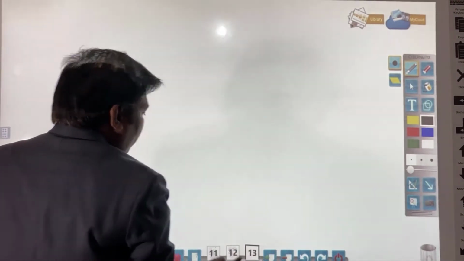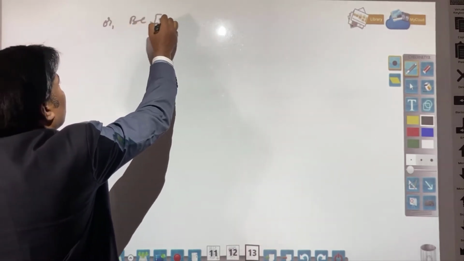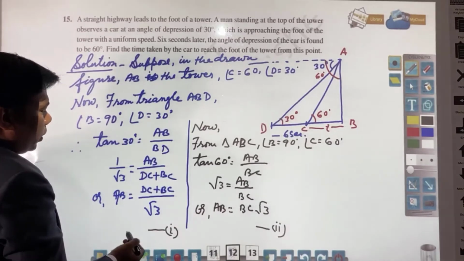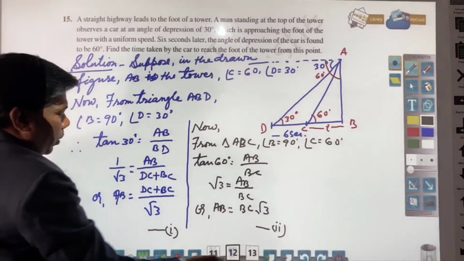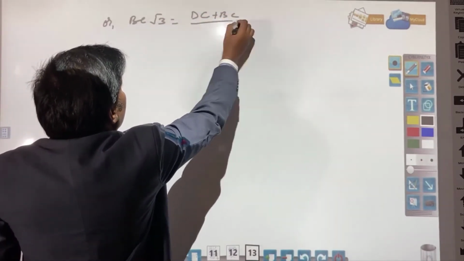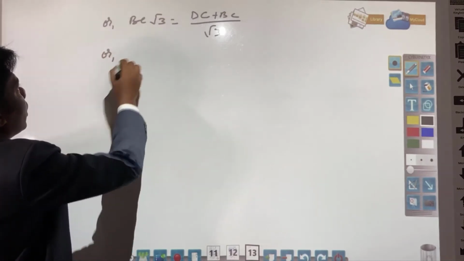So we will write BC root 3 is equal to DC plus BC by root 3.